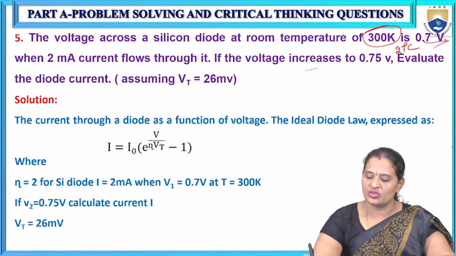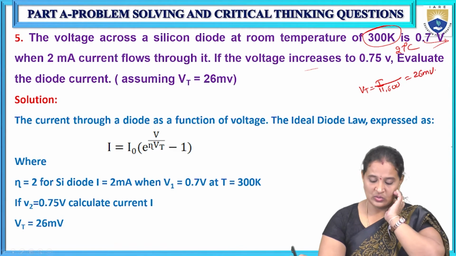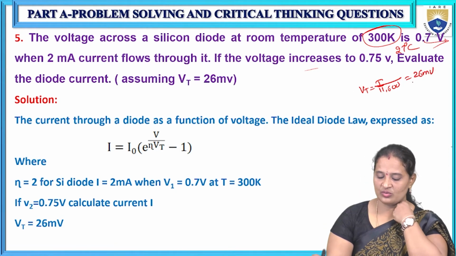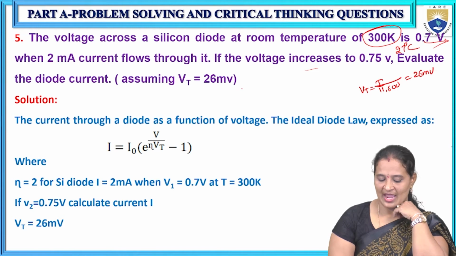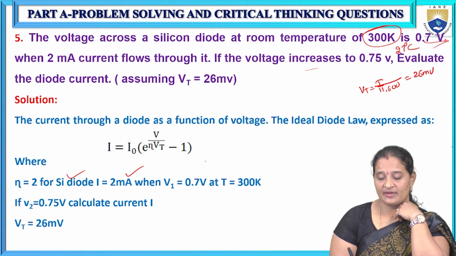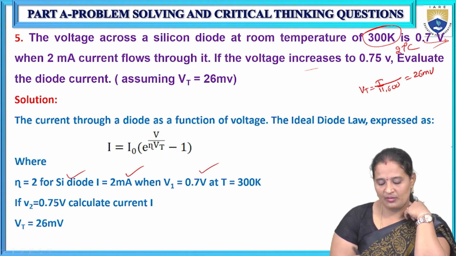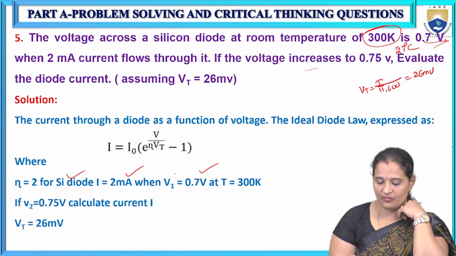So here you know that for 300 Kelvin, if you substitute the value here, T divided by 11,600, you will get 26 millivolts. Right? So now, as we all know the Vt value and then eta value known and I value, the current flowing for the applied voltage of 0.7 is known. So now, what we need to do? We have to calculate.